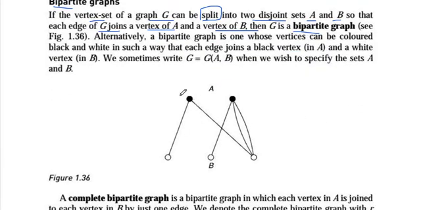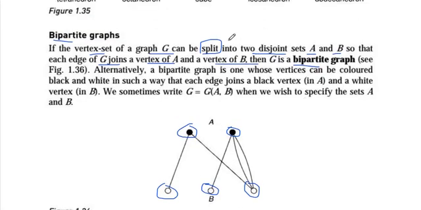Okay, let's say here this dark circle is the A set, and this blank vertex is the B set. If we split into 2, this is A and this is B. So each edge of G joins a vertex of A and a vertex of B. This vertex is connected like this.